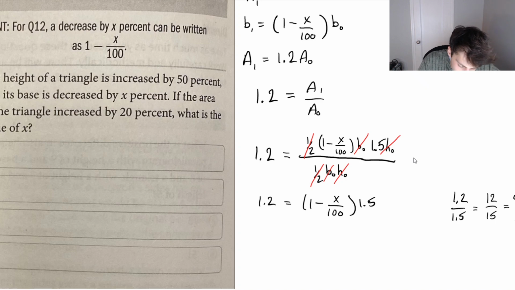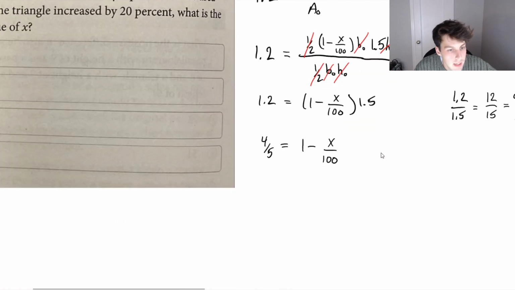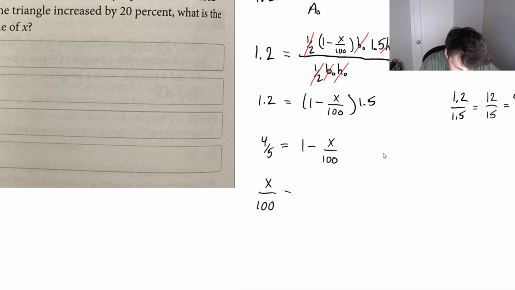So we know that we are left with 4/5 is equal to 1 minus x over 100. Move the x over 100 to the left side. Move the 4/5 to the right side. We get x over 100 is equal to, and 1 minus 4/5 is going to be 1/5.